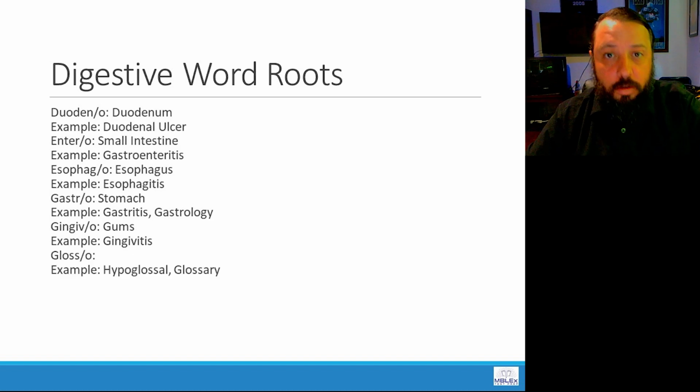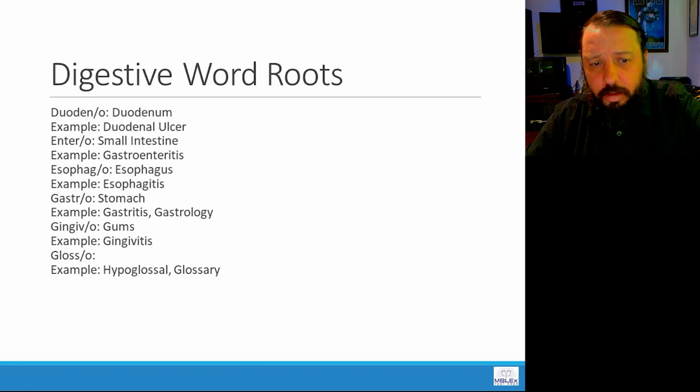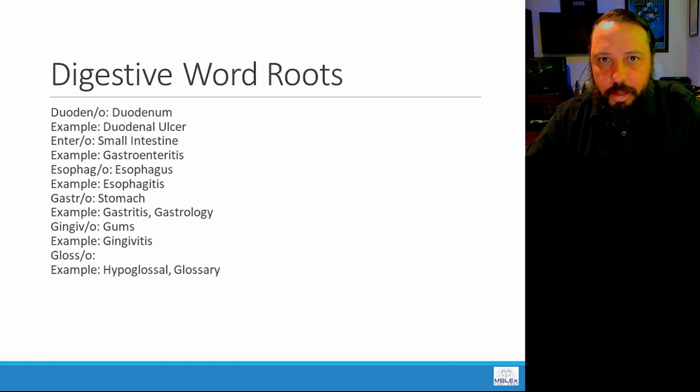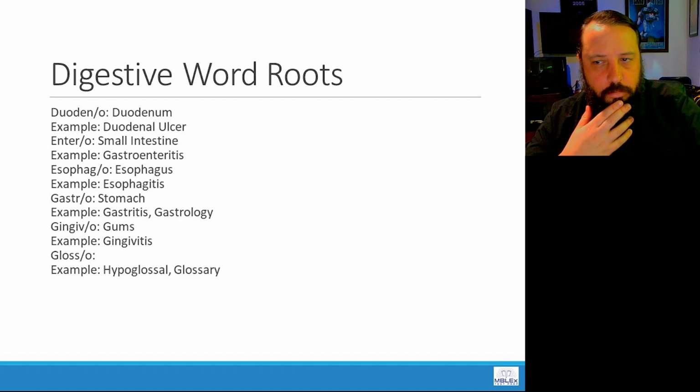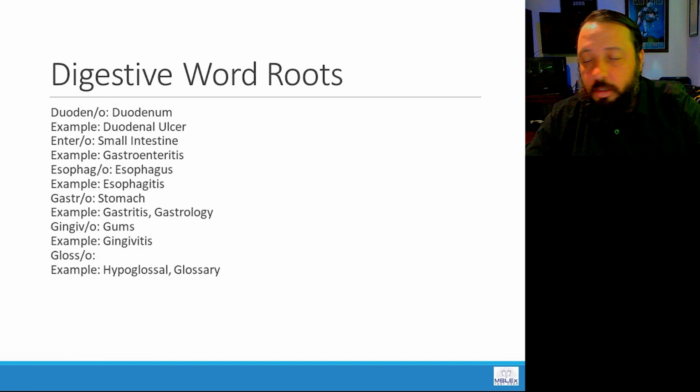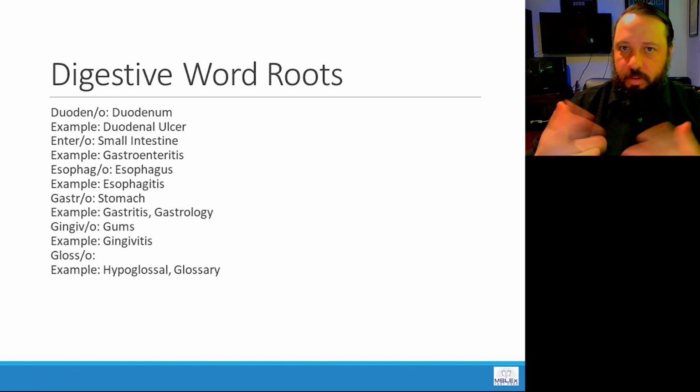Okay, glosso. What does glosso mean? Hypoglossal is a good example, the hypoglossal nerve. What about a glossary? Sometimes these terms can kind of work with other words that don't necessarily mean this, but they're still connected.